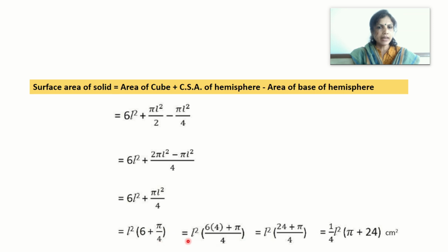Solve the bracket by cross multiplication: 6 into 4 plus pi upon 4. 6 4s are 24. So L square in the bracket 24 plus pi upon 4. So our final answer, taking this 1 by 4 outside, is 1 upon 4 L square into pi plus 24 centimeter square, the total surface area of the given solid.